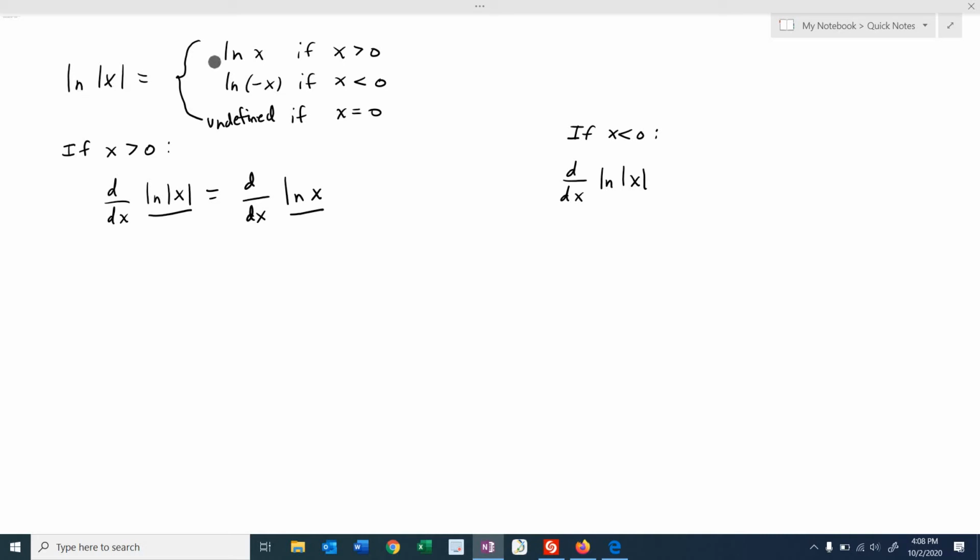The natural log of the absolute value of x is simply the natural log of x as long as x is positive. Of course it is. The natural log of the absolute value of 5 is the same as the natural log of 5, because this x value is positive. We already know the derivative of the natural log of x. We just found it. It's 1 over x.